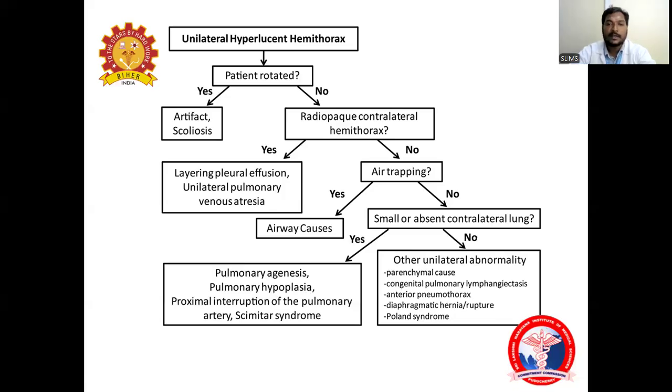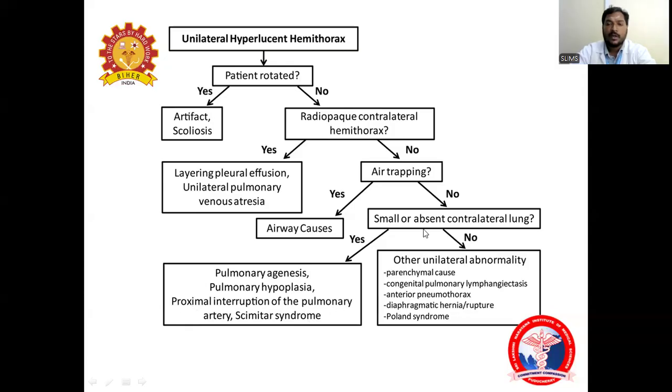For example, if right side pulmonary agenesis or hypoplasia is there, that affected side lung development itself is smaller, so the affected hemithorax will be small, and the lung on the contralateral side may appear hyperlucent because of hypertrophy. They may also be associated with mediastinal shift to the ipsilateral side, and there may be proximal interruption of the pulmonary artery, or there may be Swyer-James syndrome.